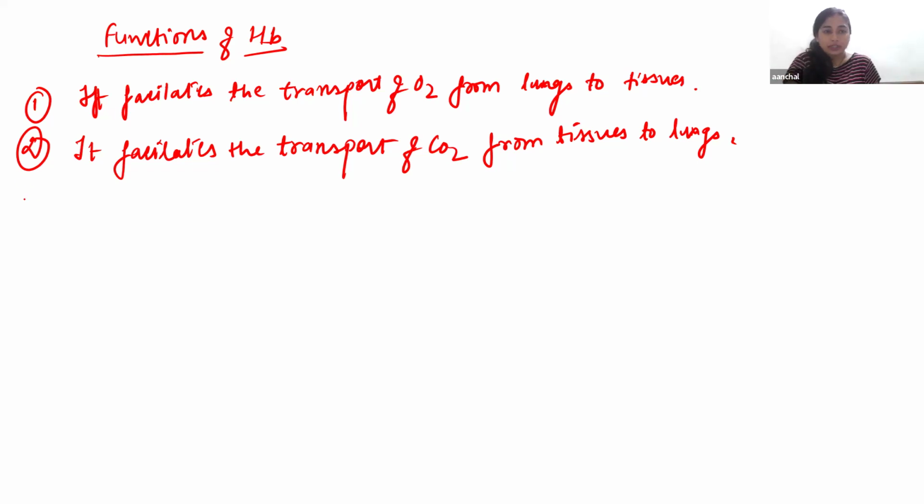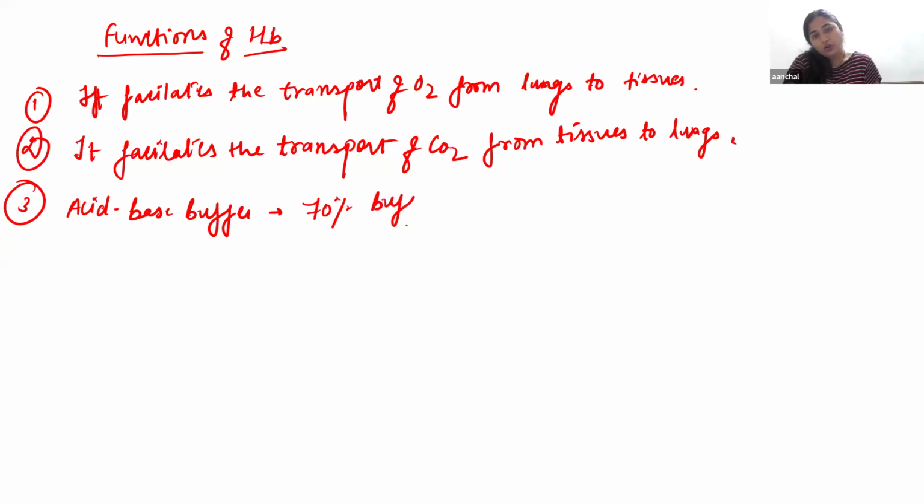Another is the acid-base buffer. Being a protein, hemoglobin acts as an excellent acid-base buffer, and it is responsible for 70% of buffering power.